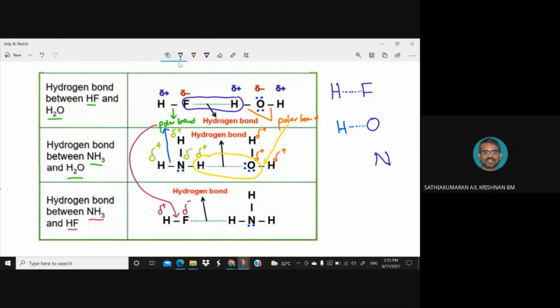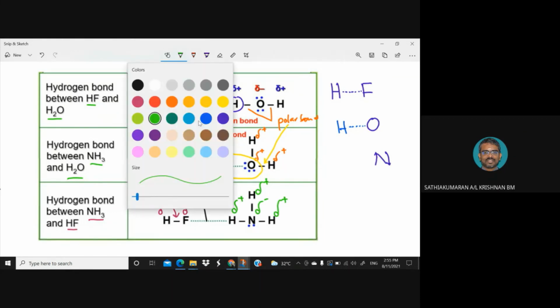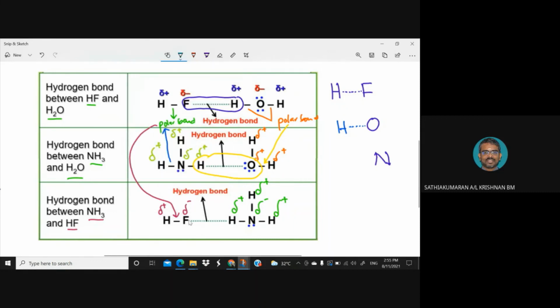Here I have ammonia, so this is dipole positive, dipole positive, dipole positive, dipole negative, dipole positive. So between F and H, this bond we call a hydrogen bond, H with N.